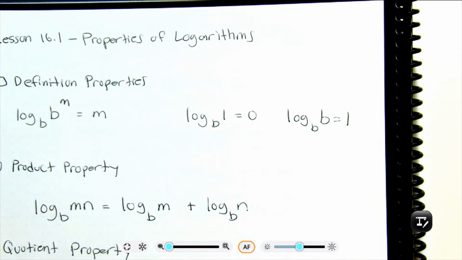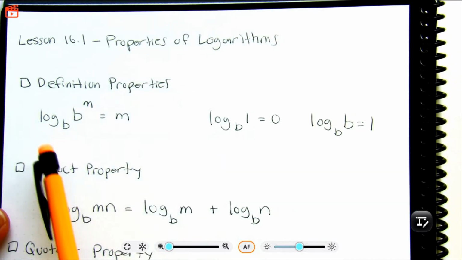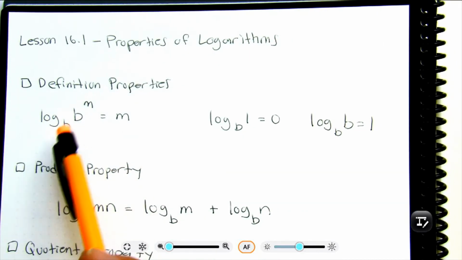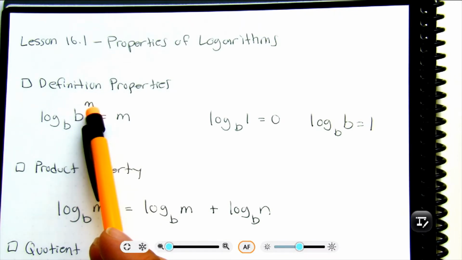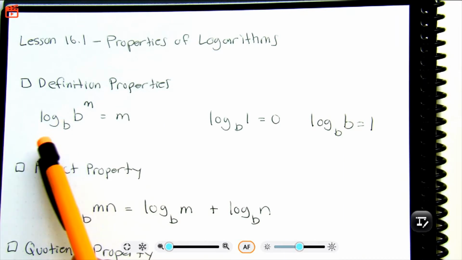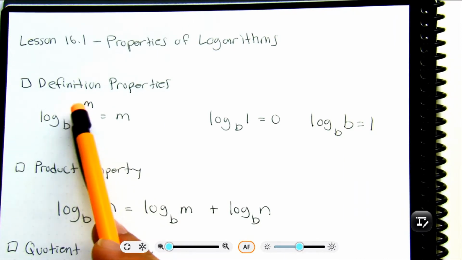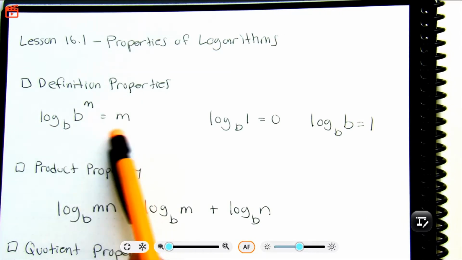The first definition-based property is that if you have log base b of b to the m power, that is just equal to m. So what actually occurs is that the log base b and the b cancel each other out, and we're left with m.